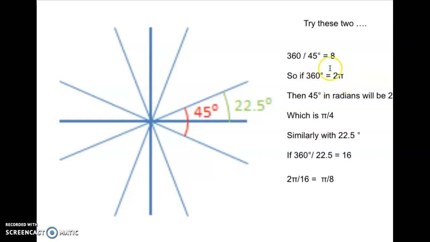What's 1/8 of 2 pi? Then 45 degrees in radians would be 2 pi divided by 8, which gives you pi over 4. Similarly with 22.5, what fraction of 360 is 22.5? 360 divided by 22.5 gives you 16, then 2 pi divided by 16 equals pi over 8. I hope you didn't listen to that if you already understood it, and I hope if you didn't get it, you get it now.